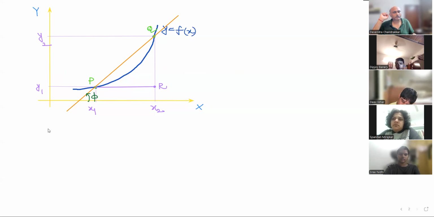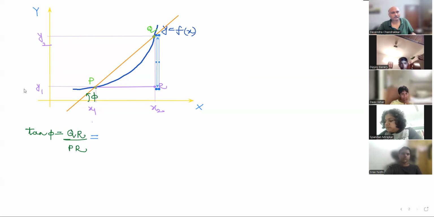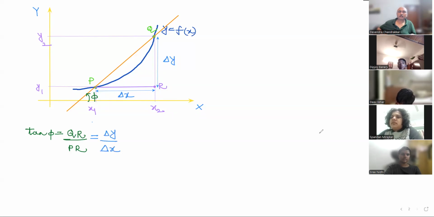So can we find the slope of this secant? Tan phi is given as QR upon PR. Yes or no? All of you. Srinidhi, Spandan. Yes, sir. QR is this length, right? This is delta Y and this length is delta X, right? So this is delta Y upon delta X. I hope all of you understood till this point. Any doubts if you have? Yes, sir.